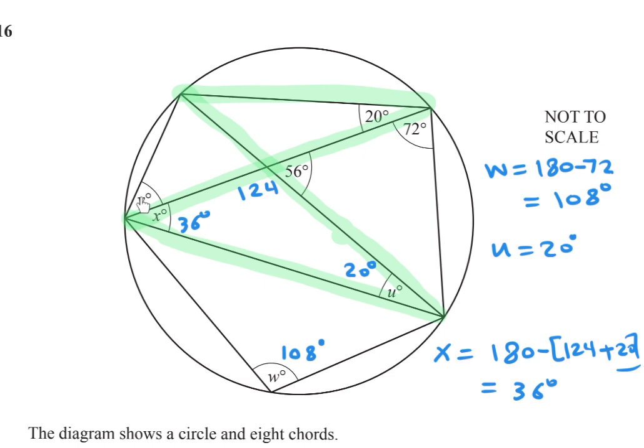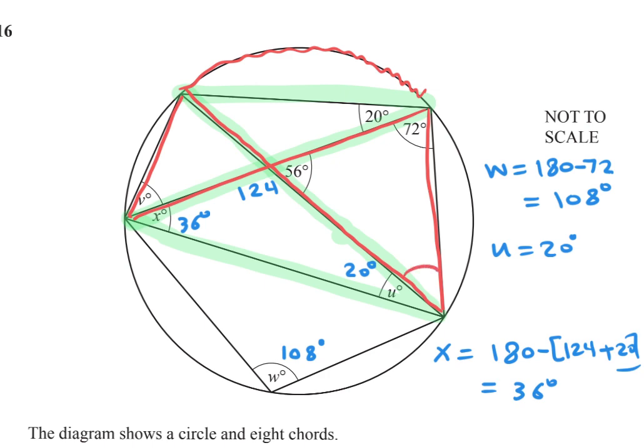Now what about v? Can we find v? V equals what? Look for v. V is opposite to this arc. Which one is opposite to the same arc? Isn't that one opposite to the same arc?